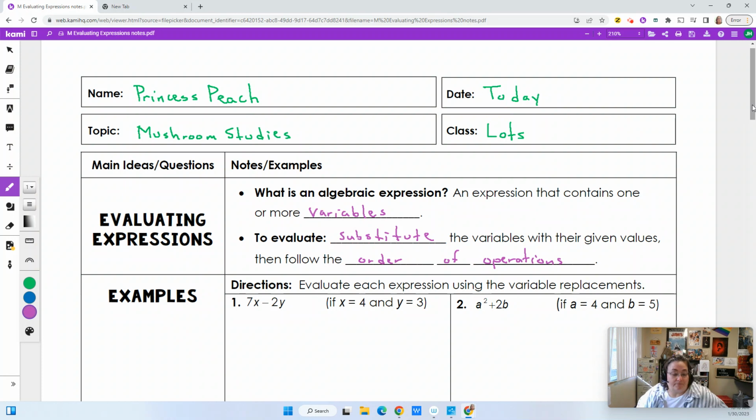Yes, Caitlin. I don't know. Maybe it was her paper first. I think that's mushroom studies. She also has lots of class. I was just feeling stupid this morning when I put the worksheet up. That's never wrong, by the way.